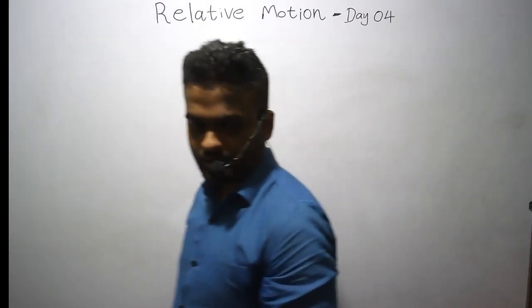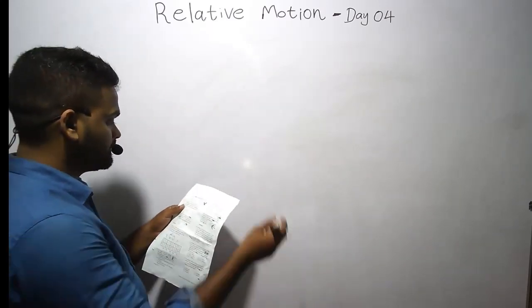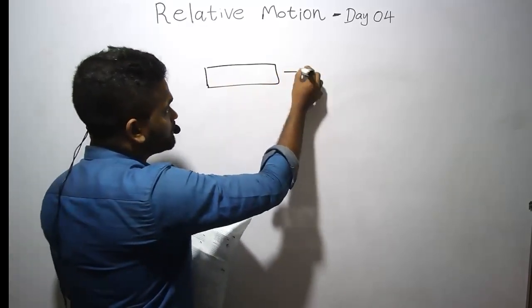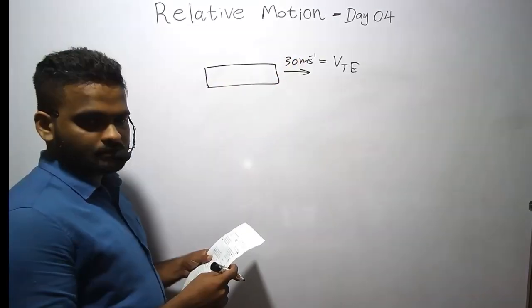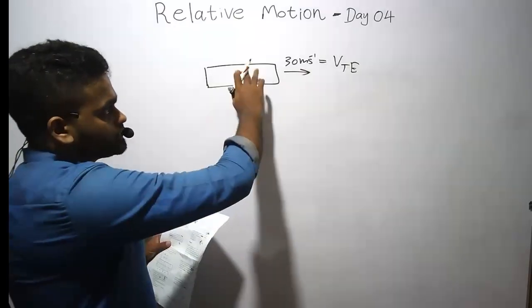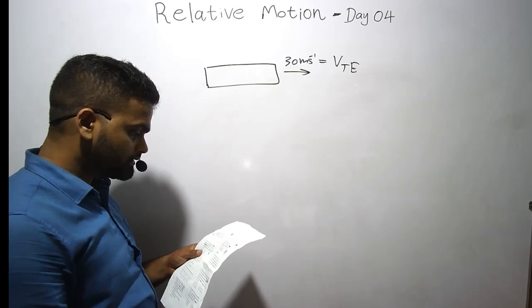Okay, 13th question, draw a sketch. The train is moving 30 meters per second relative to earth.